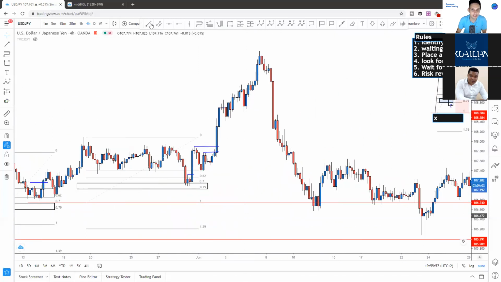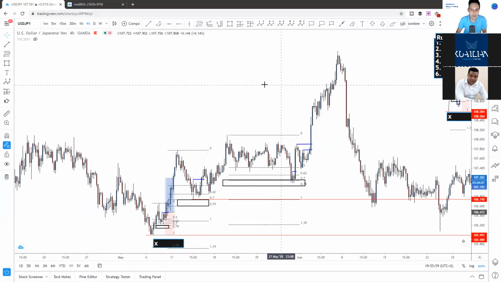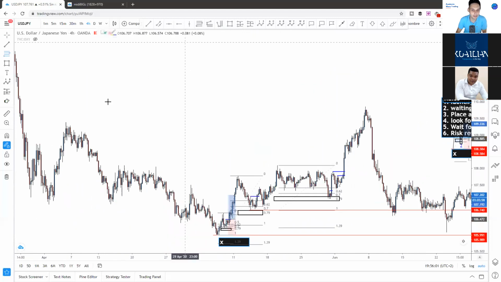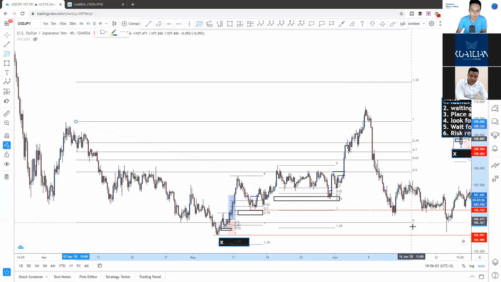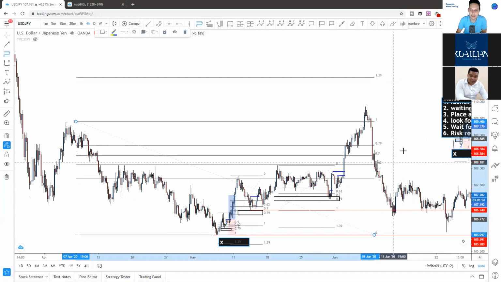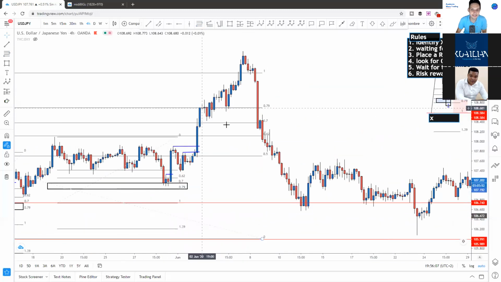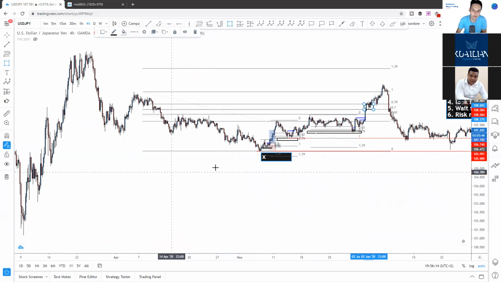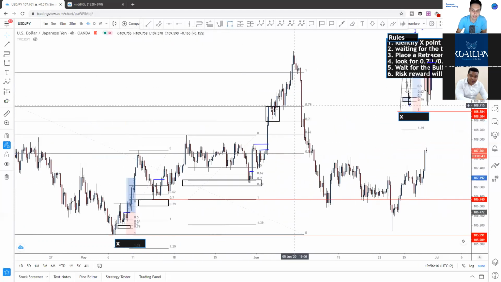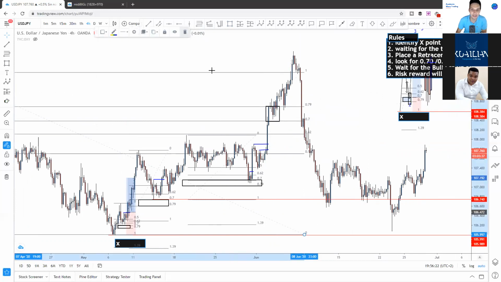Even on the short side, okay, we can do, for example, a retracement here from low to the high. And here we have 79 and 70. You see it, 79 and 70 here. We are going short here, okay, because the market is already up, okay. You see the zone where the system is giving us, for example, the short side, but we don't want to be short in here.